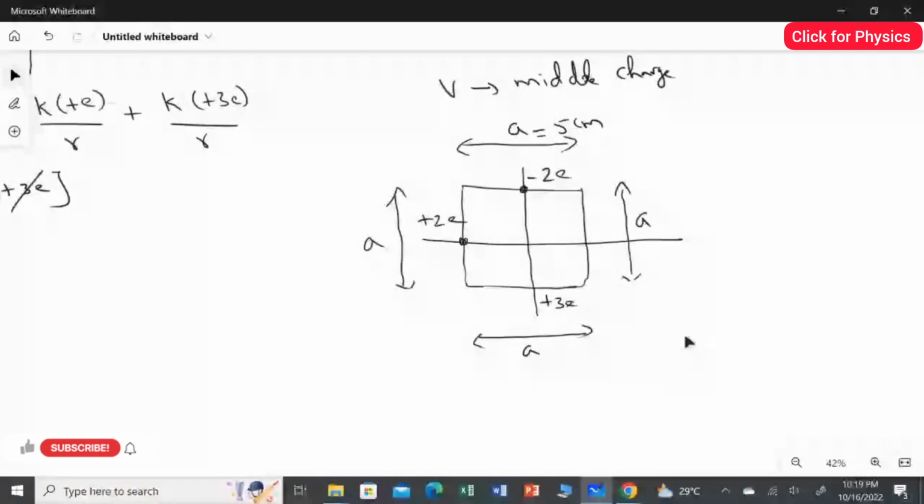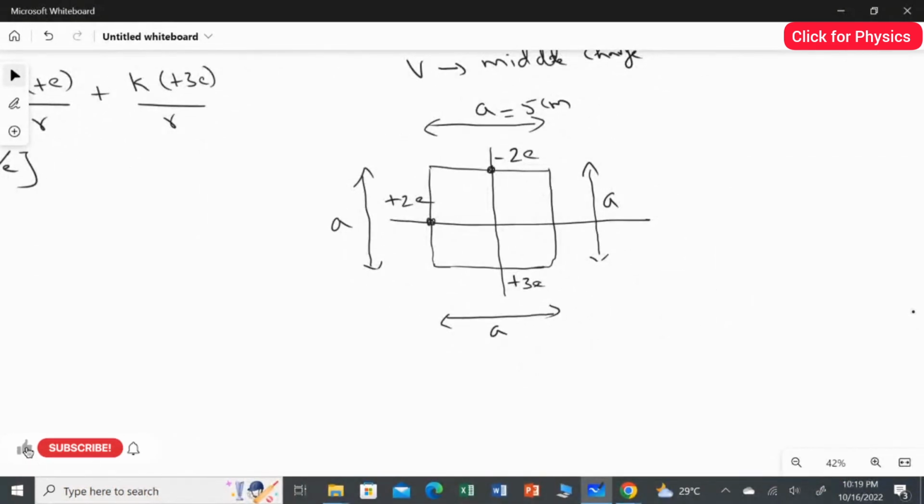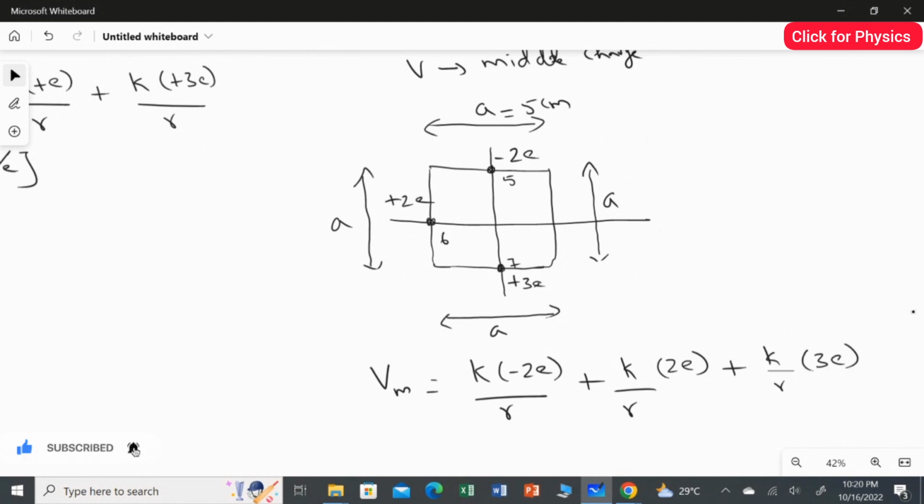Likewise, I'm going to find the potential for the middle charges, which is equal to K. Let's take this as my fifth charge, this as my sixth charge, this as my seventh charge. Clear? K times minus 2E over R, plus K over R multiplied by 2E, plus K over R multiplied by 3E.